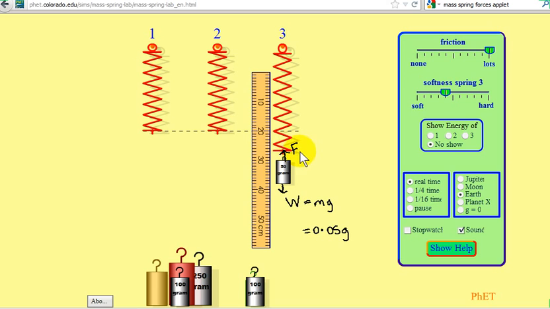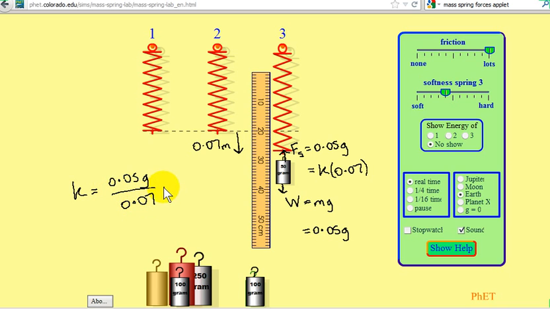That's the spring force, F sub s. That's also 0.05 g. And we know that that's equal to the spring constant K times the extension of the spring. Now the extension of this spring here is very nearly 7 centimeters, or 0.07 meters. So it's K times 0.07. So we could work K out for this, and we will get the same answer as before. So K is 0.05 g divided by 0.07, and that will come out to 7 newtons per meter, as before.